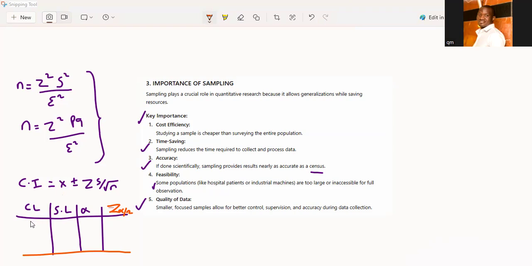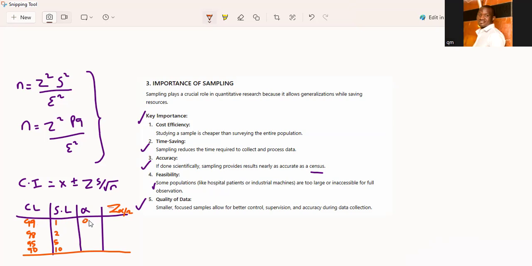Okay, so we have confidence levels: 99, 98%, 95%, and also 90%. So these are the confidence levels. The difference from 100 is called the significance level. So 100 minus 99 is 1%. 98 from 100, 2%. 95 from 100, 5%. And 90 from 100 is 10%. So when you divide this by 100, we call it alpha.